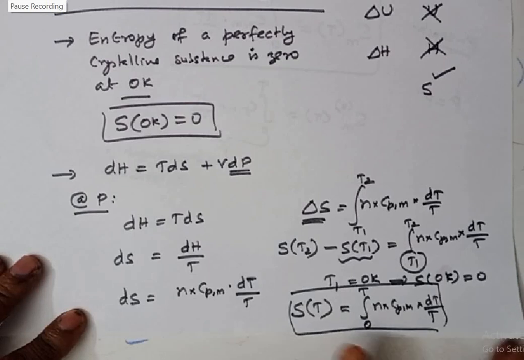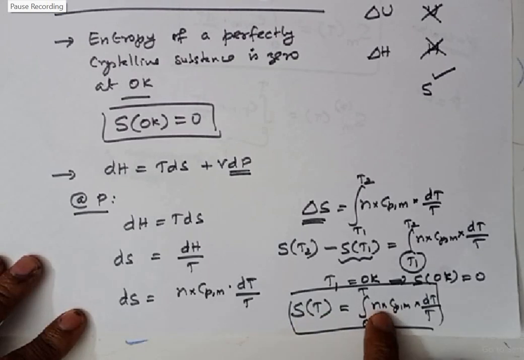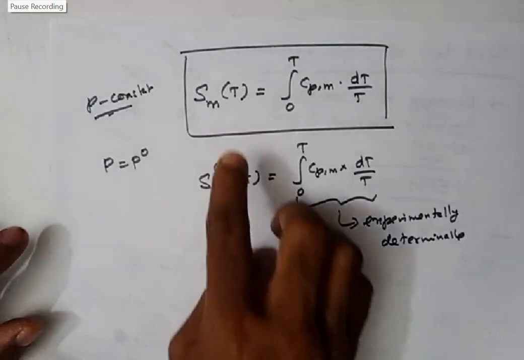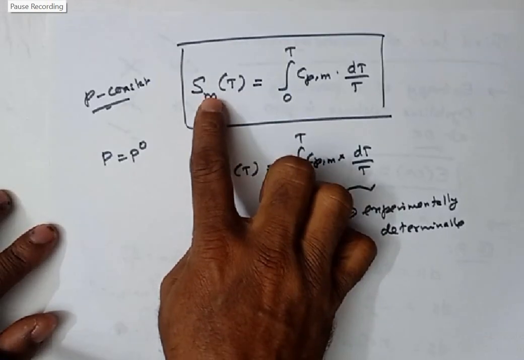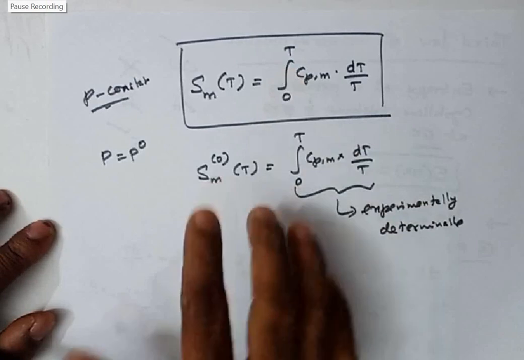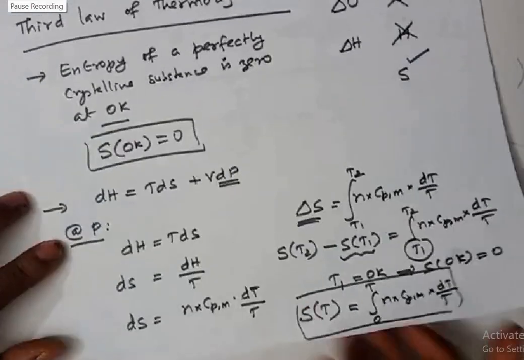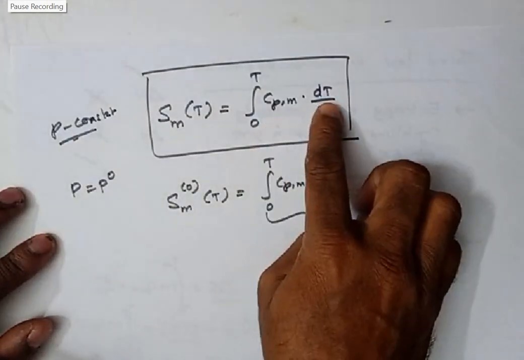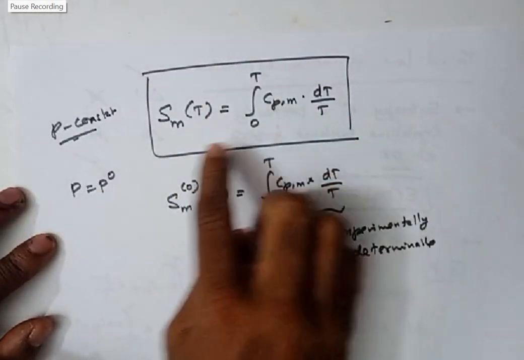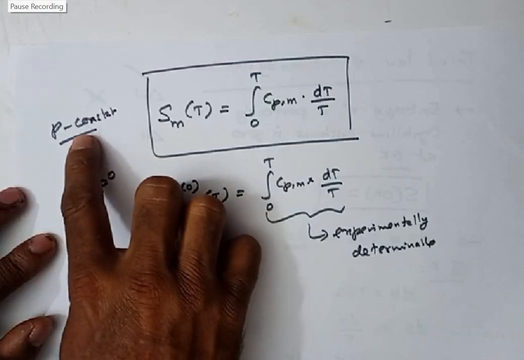Right? Now, this is for n moles of substance. For 1 mole, divide both sides by the number of moles. Then I will get molar entropy at temperature T equal to this. The n cancels, so I will get the integral of Cpm dT by T. And while deriving this, I said pressure should be constant.